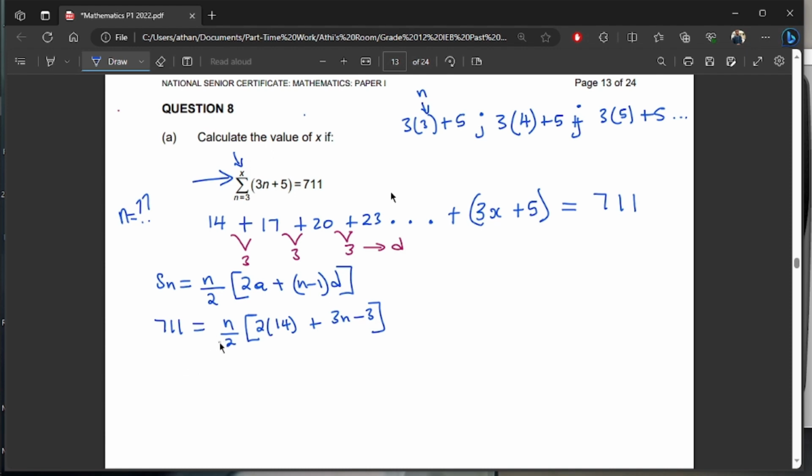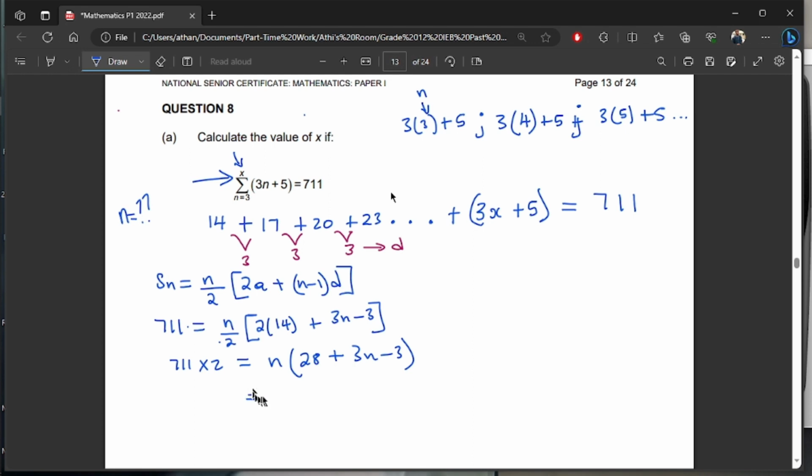So the 2 is going to multiply 711. So it's 711 times 2 is equal to n, and then open bracket, 2 times 14, which is 28, plus 3n minus 3, close bracket.